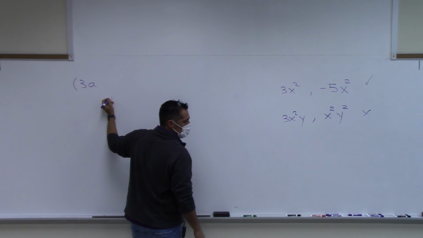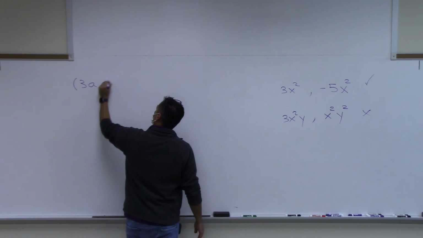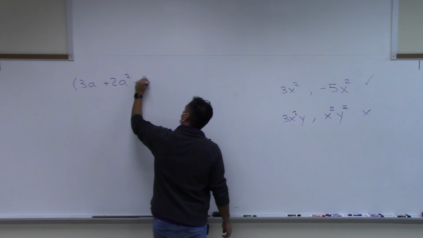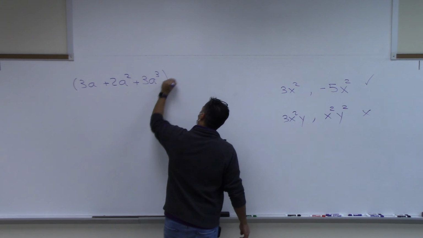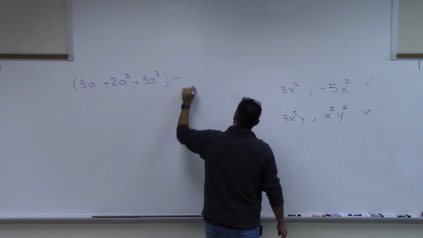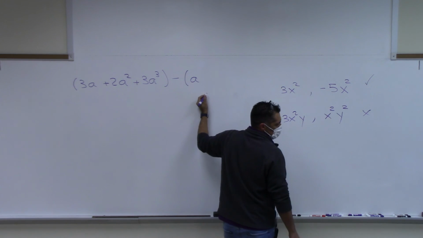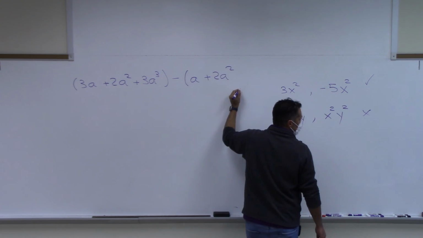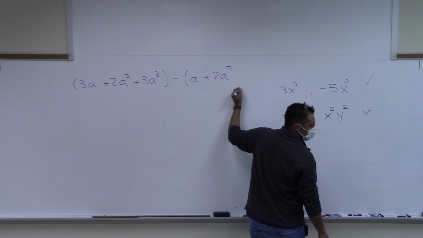3a plus 2a squared plus 3a cubed minus a plus 2a squared minus 3a cubed.